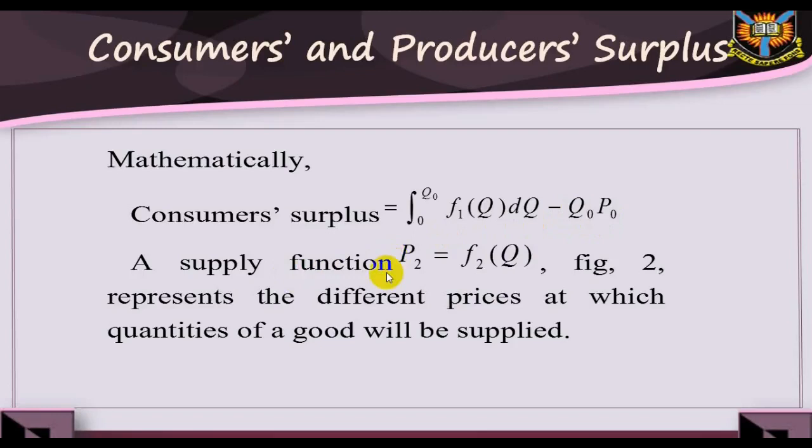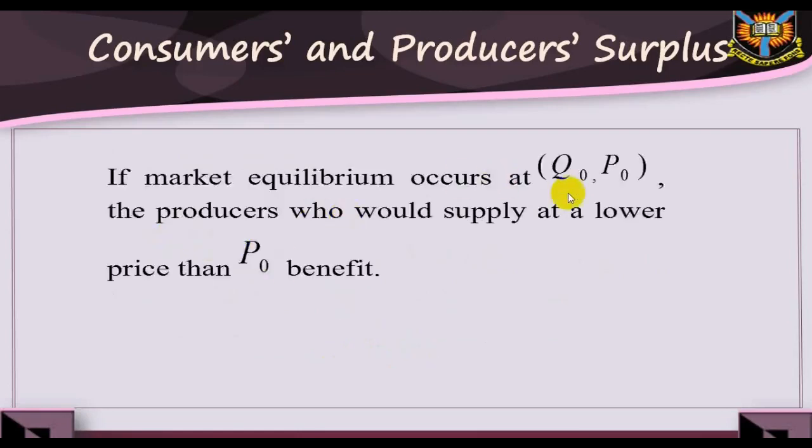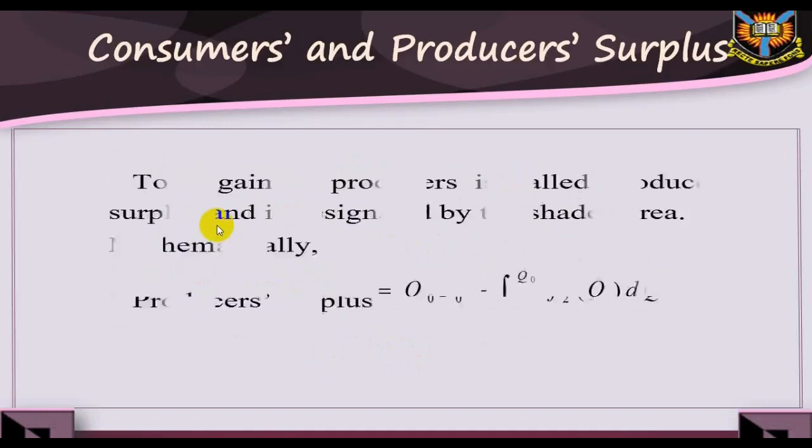A supply function P2 equals F2 of X. Figure 2 represents the different prices at which quantities of a good will be supplied. If a market equilibrium occurs at Q0, P0, the producers who will supply at a lower price than P0 benefit.